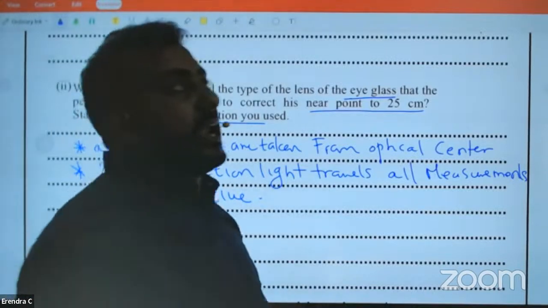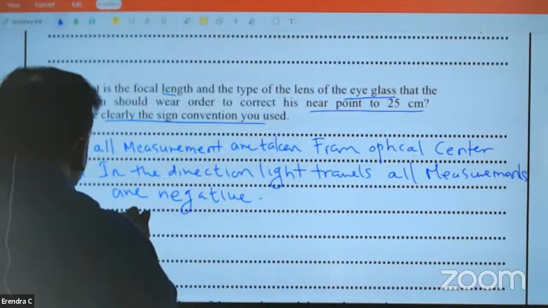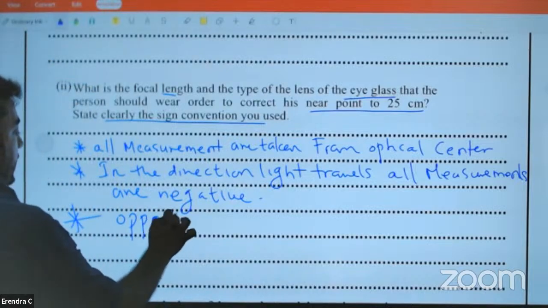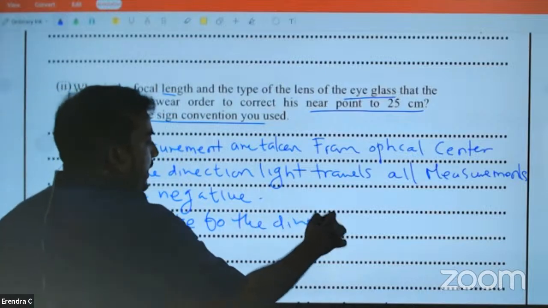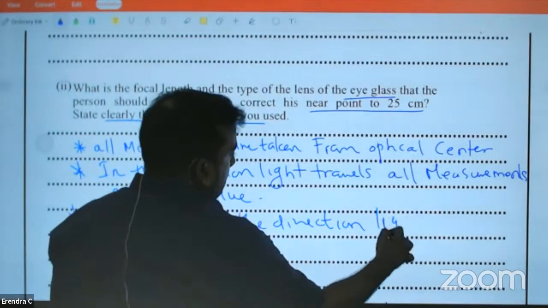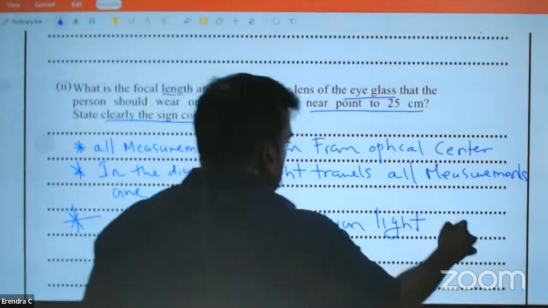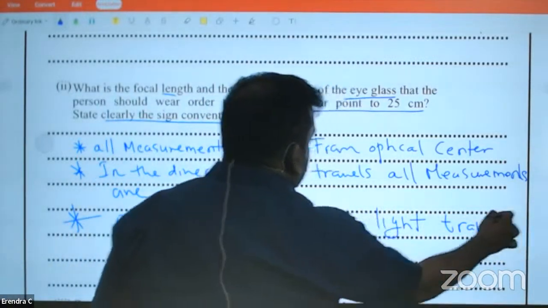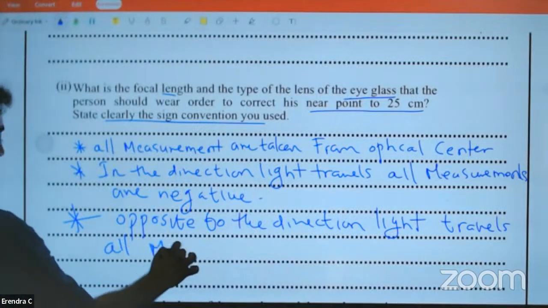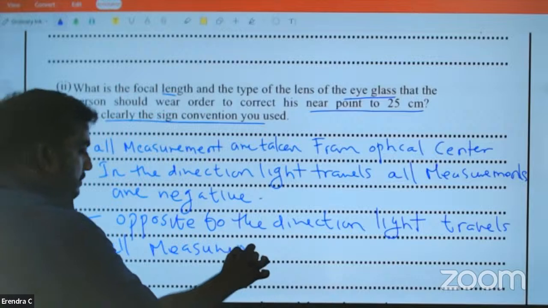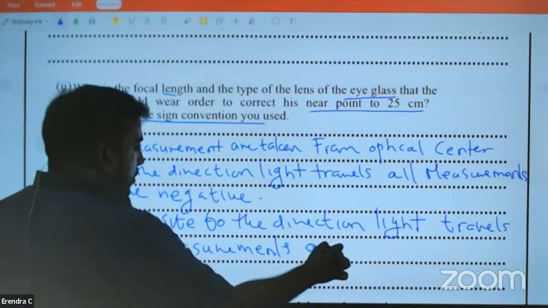Opposite to the direction light travels, all measurements are positive.